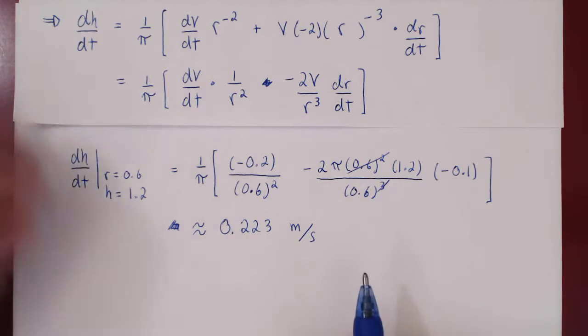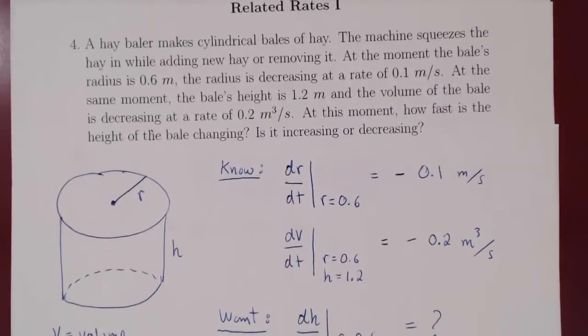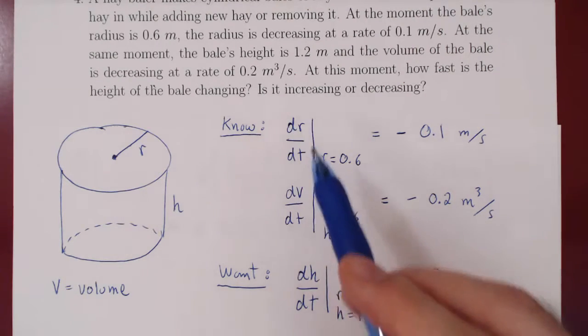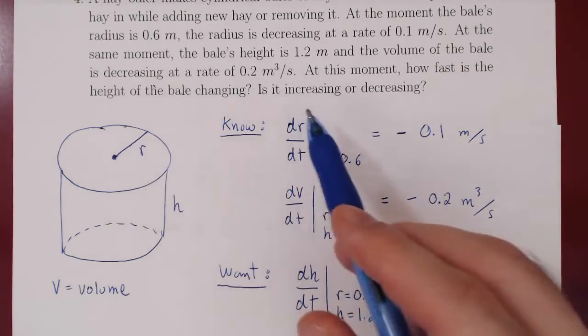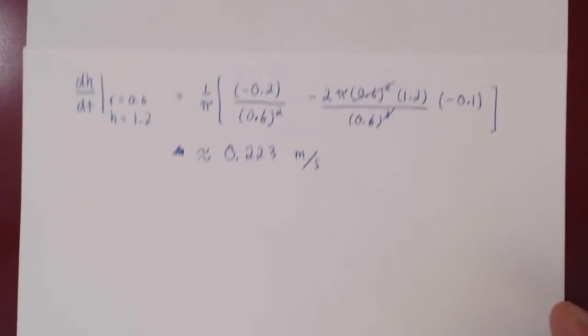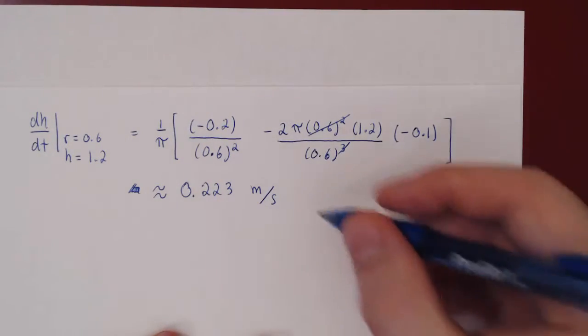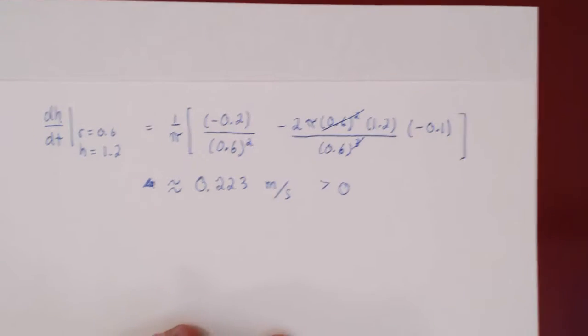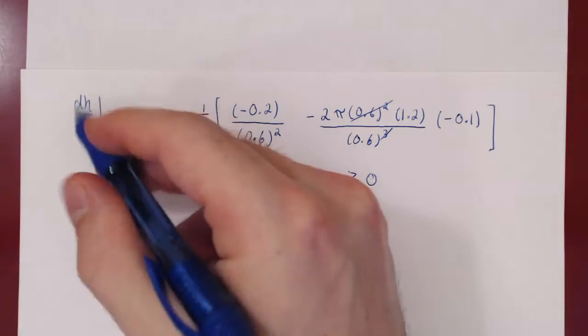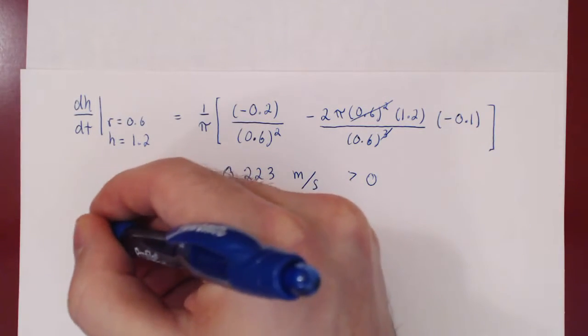And remember that we were also asking, for the rate of change of the height as a function of t at this instant, but also is the height increasing or decreasing at that time? Well, we have a positive rate of change, and a positive rate of change means that the derivative is positive, therefore the slope of the tangent line is positive, therefore the function is increasing. So the height is increasing at this time.